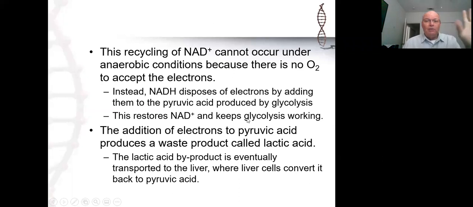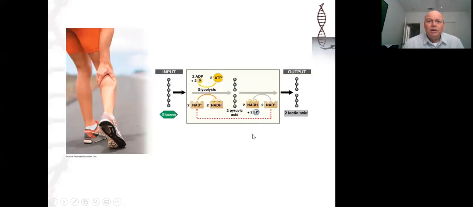So we've talked about all of this, the fact that we need to recycle the NAD+ in order to allow glycolysis to continue working. So here is the pathway that your cells follow. It's going to look remarkably like glycolysis in aerobic respiration, except it's the fate of the pyruvate that changes.